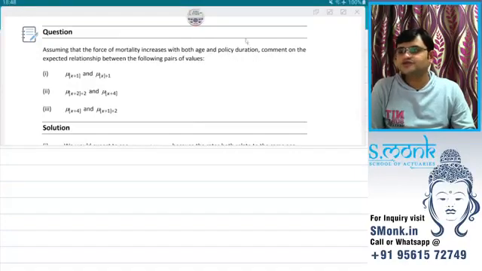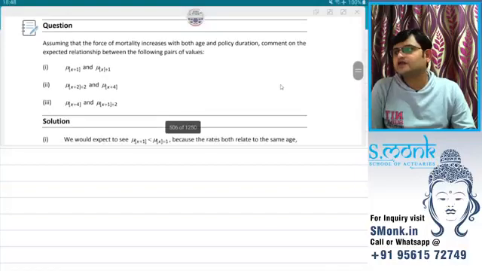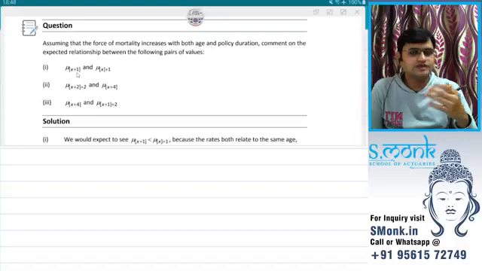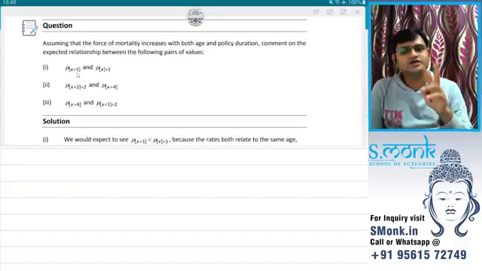Okay. So policy duration after this will be how much? That is our select policy duration. Comment on the expected relationship between the following pairs. So we know that when more policy duration is left, then we will have more force of mortality. So here when we say selected at age x plus 1, let's assume our select period is supposedly 2 years, like we had in AM92.